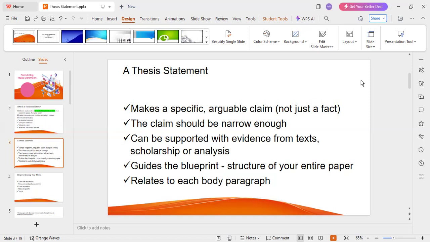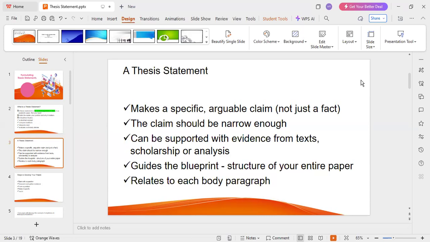Then it is not very sensible. Then it is not a strong thesis statement. Otherwise, if your scope is too wide, you are unable to defend the argument that you bring forth through your thesis statement.